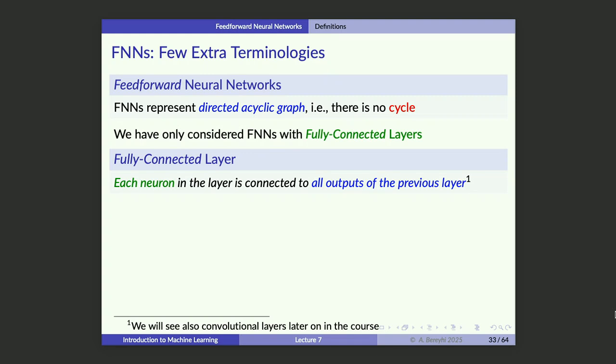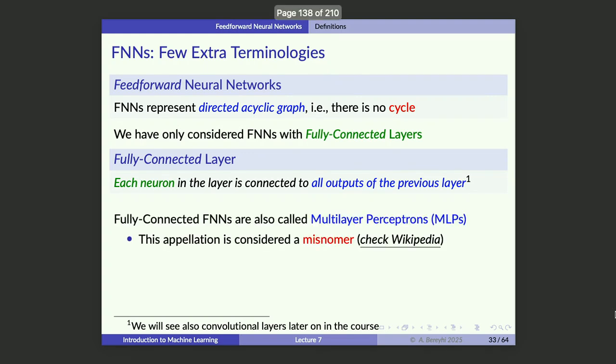Can we have non-fully connected? Yes, we can. And that is the convolutional neural networks, which we are going to shortly discuss towards the end. So not necessarily you need all of them being connected. But here we are thinking of the most complex form, which is fully connected. Now, these fully connected networks are what many people call multi-layer perceptron. Why do they call it multi-layer perceptron?